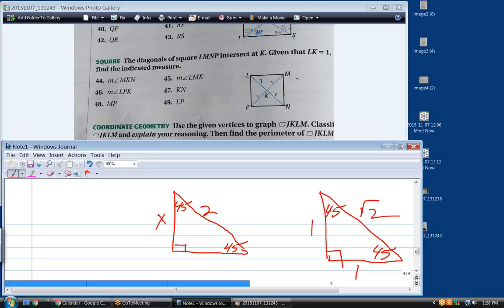Well, the first thing you'd want to do is find out what the similarity ratio is. This triangle is bigger. Its hypotenuse is 2. This hypotenuse is approximately 1.41. So let's figure out a similarity ratio. Take the bigger one, divide it by the similar side of the smaller one.